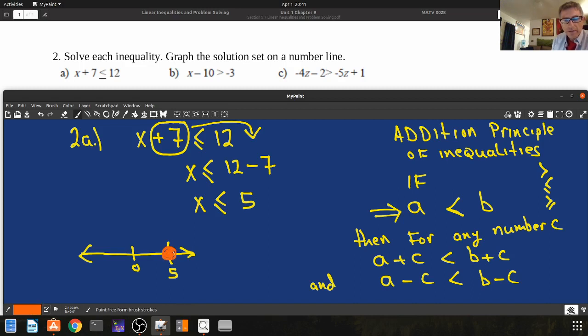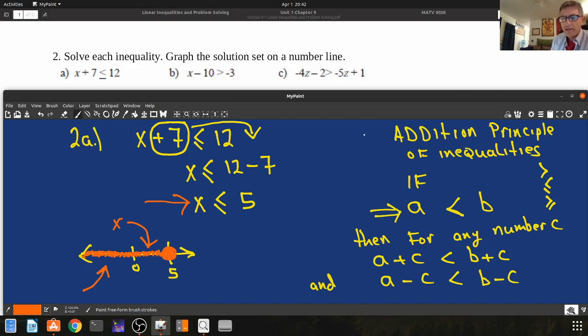I'm going to scribble that in, and it's going to be all numbers less than 5. So any x that lives in this area makes this inequality true. So this is a graphic representation of the solution set to this linear inequality.